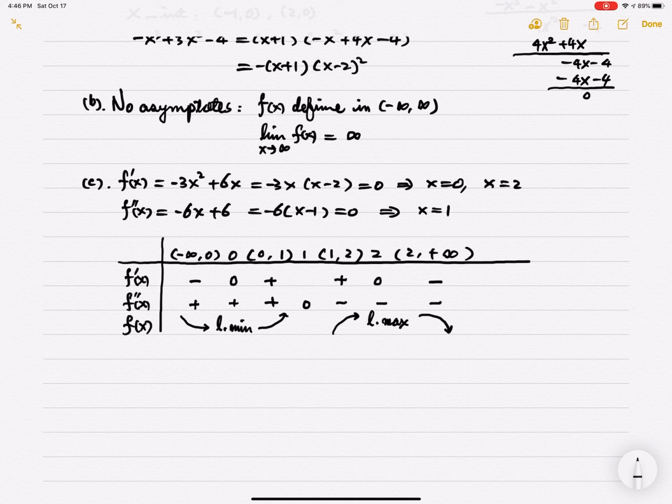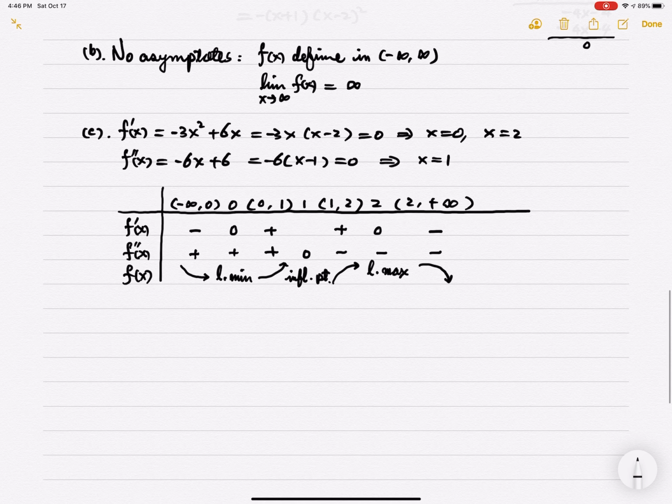Now, at x equal to 1, on the left-hand side it is concave up, and on the right-hand side it is concave down. The function is defined at that point, so this is an inflection point. Okay? This is why I like the table, because the table summarizes everything. You don't need to write that much to explain.